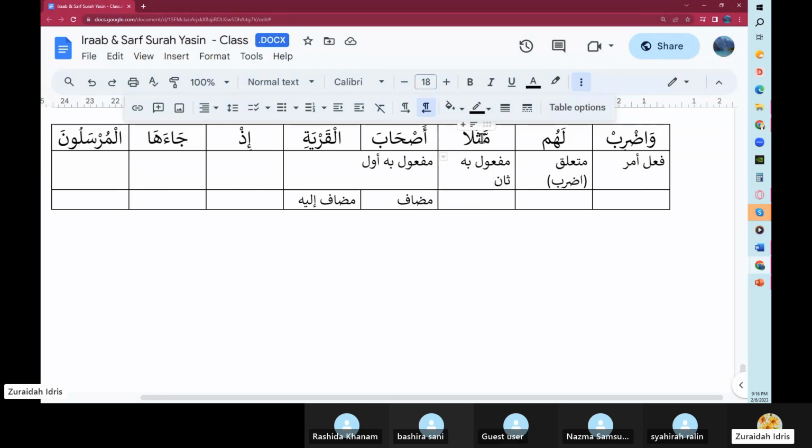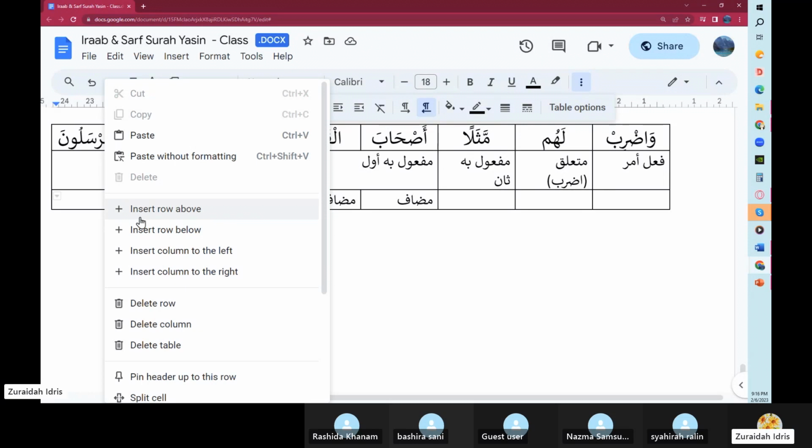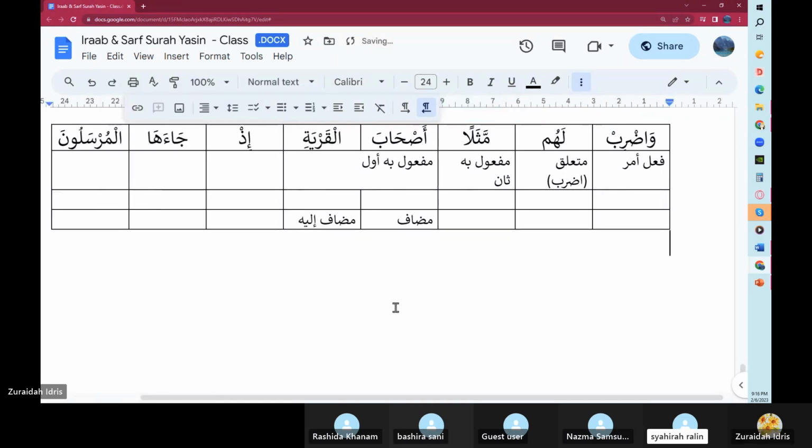Why can't this be the first maf'ul bihi and this be the second one? What's the rationale, do you think? Because the masalan itself indicates ashab al-qarya. Yeah, because this is not the solid thing. This is like a representation. That's why this is the badal, the badal of masalan.